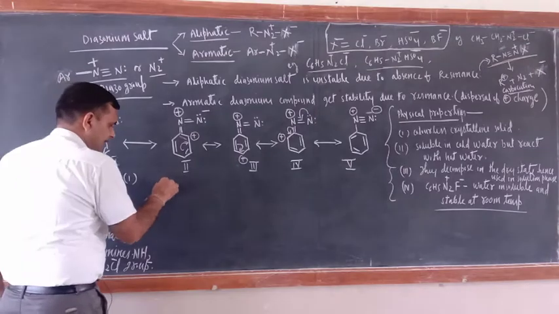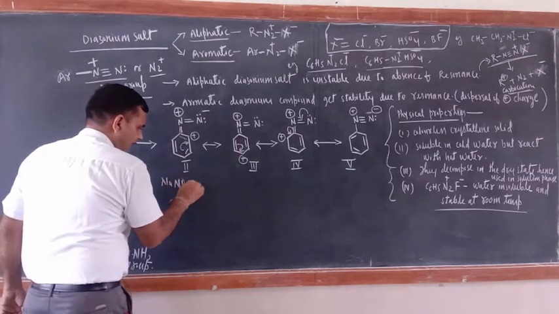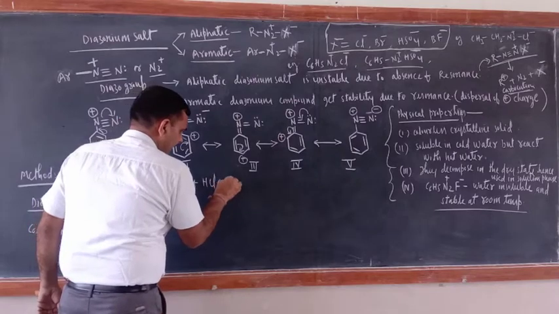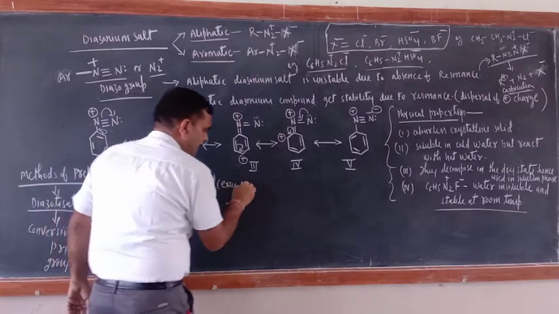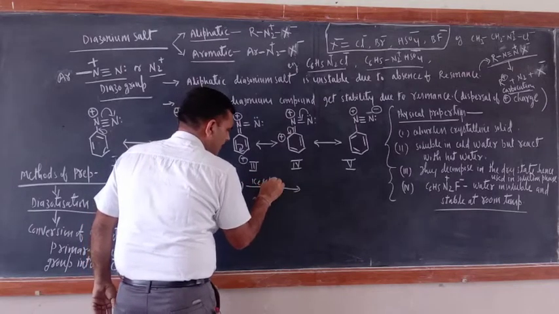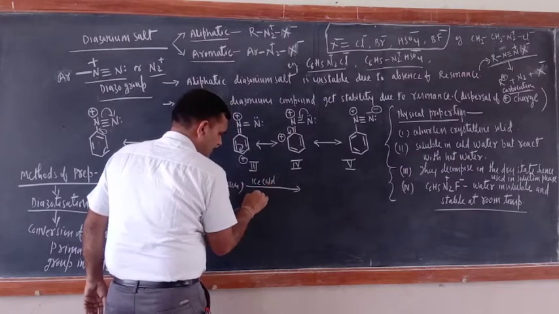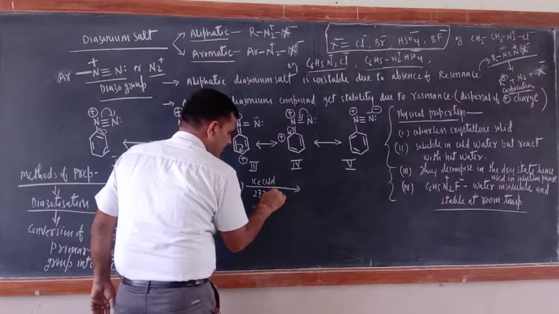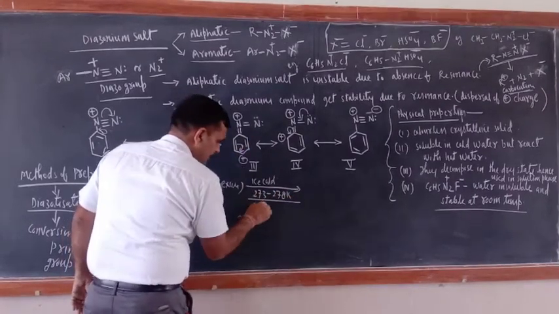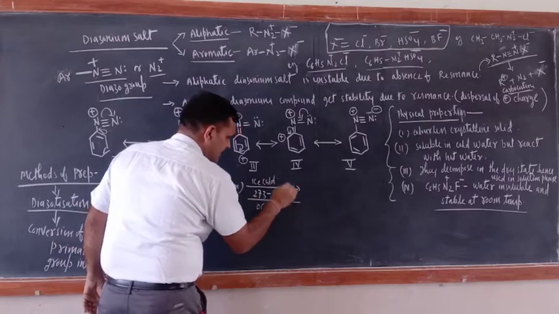It is a two-step reaction. First of all, NaNO2 should react with HCl in excess. What should be the condition? Ice cold solution. Temperature should be 273 to 278 Kelvin, remember, 0 degree Celsius to 5 degree Celsius.